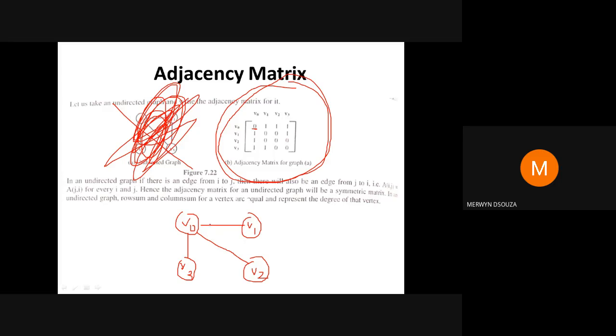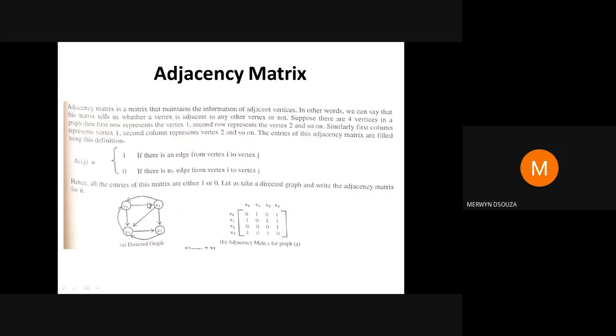Now how do you know whether what you are drawing should be undirected or directed? You come to know by looking at the matrix. If it's a symmetric matrix, you are drawing an undirected graph. But if it is not a symmetric matrix, then you have to draw a directed graph.